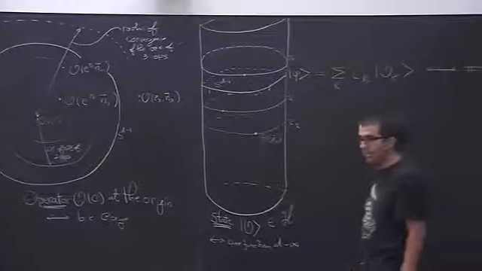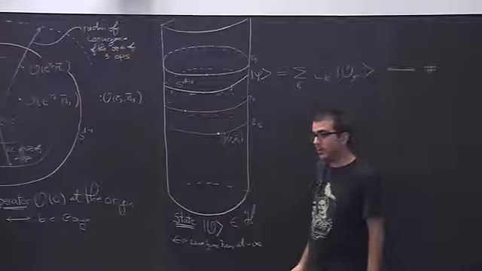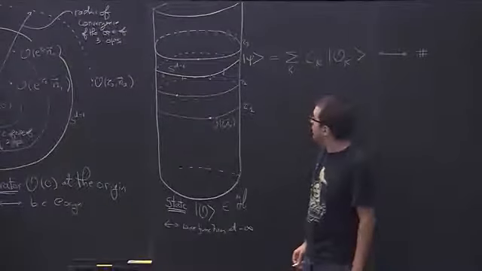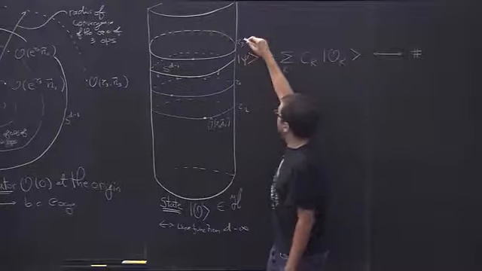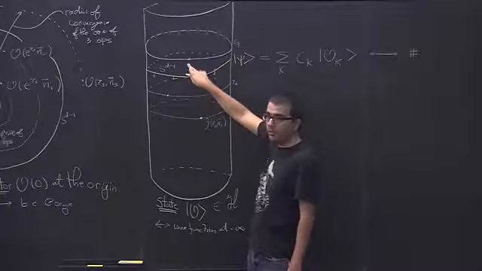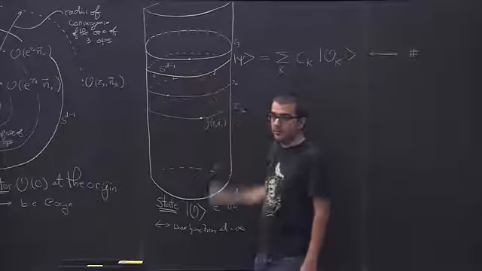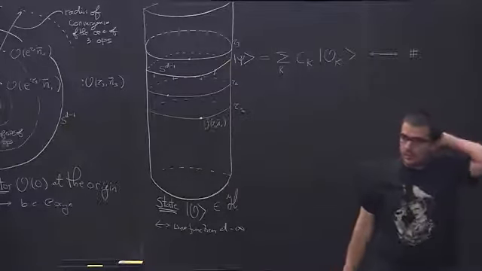You could not have immediately taken the whole cylinder? Put the state up here? I could. Here, I will have a new state psi prime if I act with one more operator. Right? Is it clear?